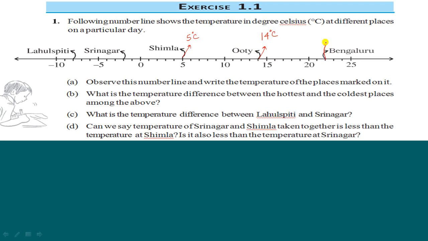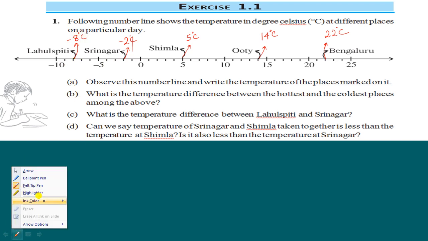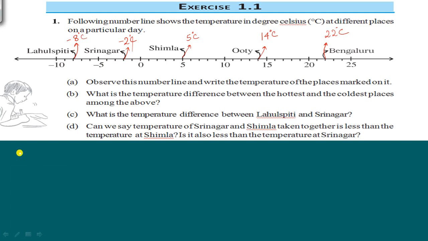The temperature of Bengaluru is 22 degrees centigrade. The temperature of Srinagar is minus 2 degrees centigrade. And the temperature of Lahore Spiti is minus 8 degrees centigrade. Right?